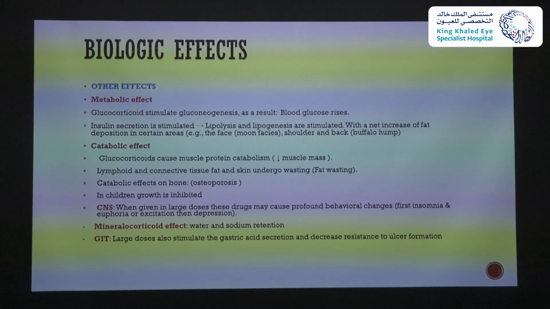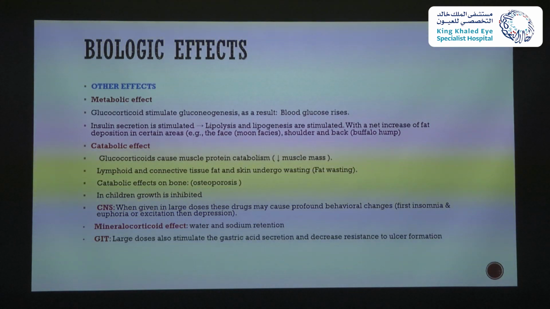Also, there are other effects, like metabolic effects. It can induce gluconeogenesis, which raises blood glucose level. Also, it can cause lipogenesis, which can lead to fat redistribution in the body. Some catabolic effects lead to decreased muscle mass, fat wasting, osteoporosis, or inhibited growth in children.